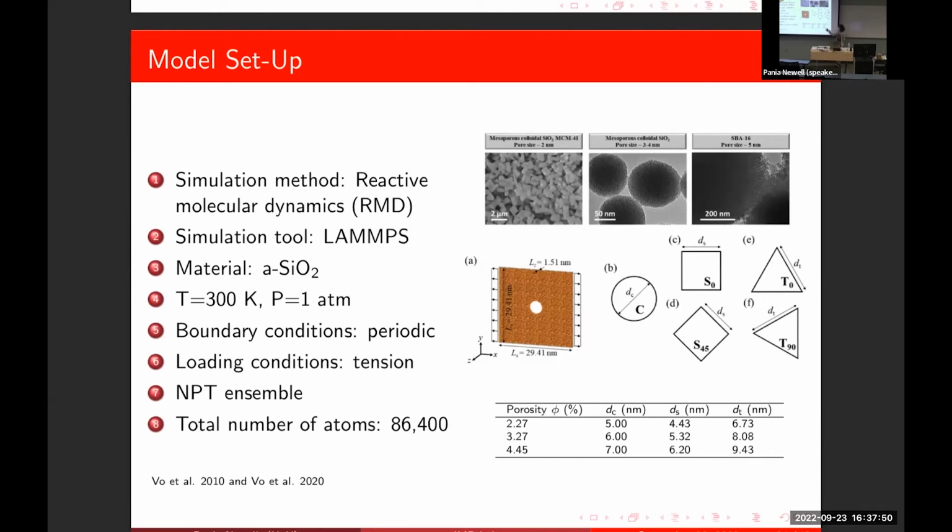So we increased the size and did that study. We realized that this is the smallest size that we can do, and it has 86,000 atoms. If you go lower than that, the properties you are getting are domain dependent. These are simple tension tests, because we are interested in mode 1 fracture too.